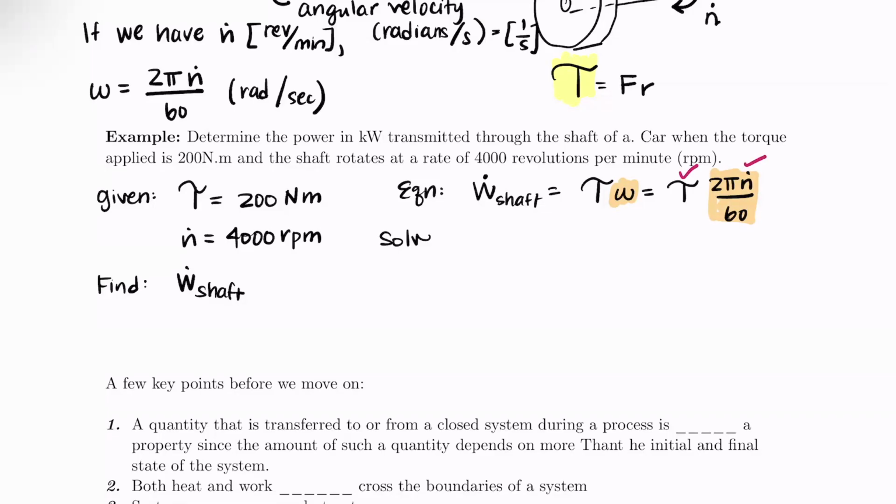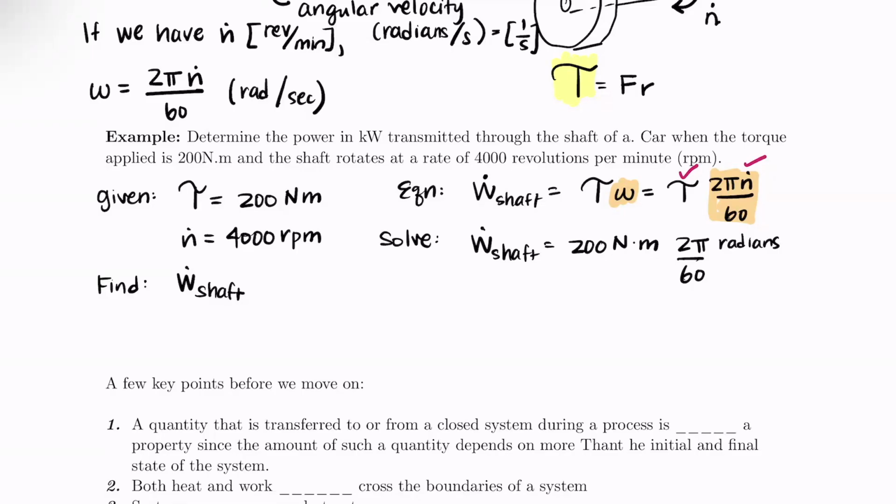So we have W dot shaft is equal to torque, which is 200 Newton times meter, times 2 pi divided by 60, where 2 pi represents radians, right?